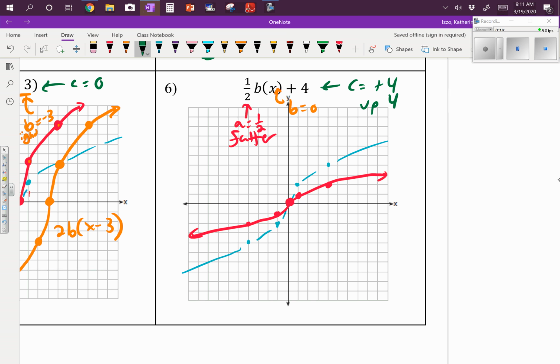Okay, so everybody has to go up 4. So this point goes to 4. This point goes to 4. This point goes to 4. This point to 4. And there we go.